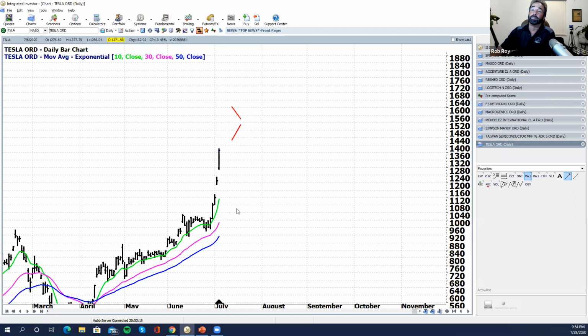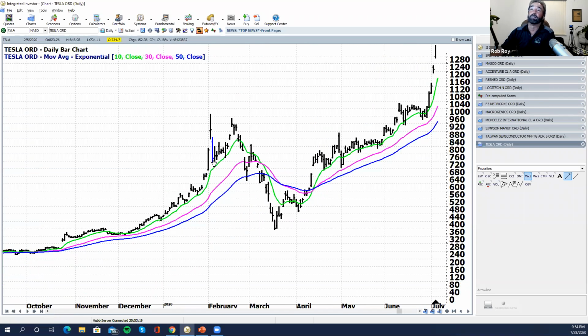See, look at that. See, there was the overbought, and it just let the 10-day moving average catch up. Did you watch how the stock went sideways and the 10-day moving average just caught up to it? One of those two things happens. It either comes back down or it doesn't. Now, the last time it did that, it corrected the next day. So here we had the 2 vertical days, and then the next day we came down 152 points.